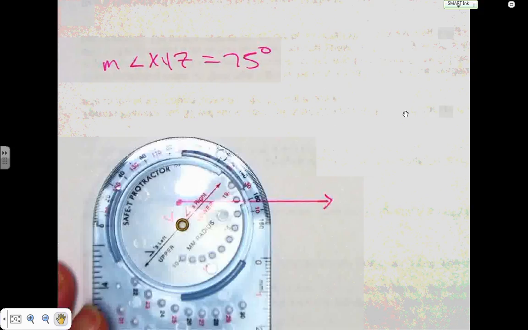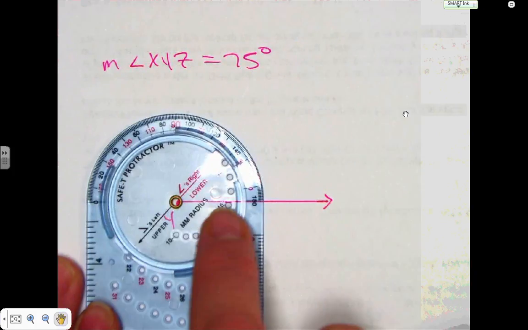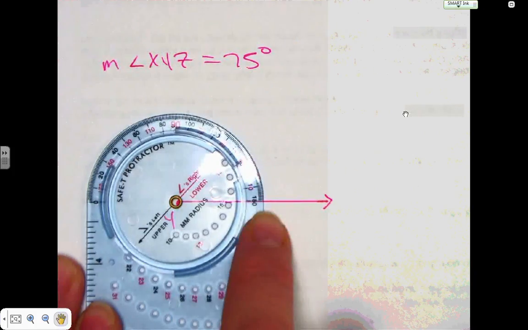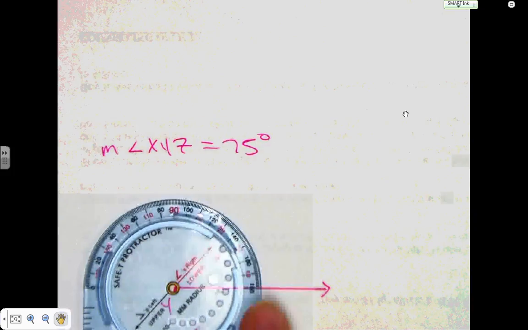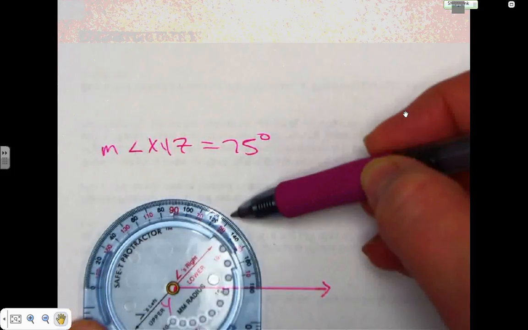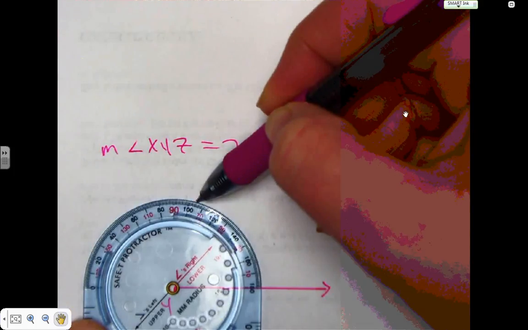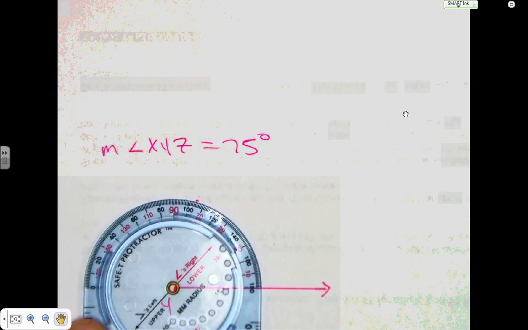So again, I put my gold circle at the end point, and I line up my bottom ray along the 0 and 180. Then I start counting 10, 20, 30, 40, 50, 60, 75. Looks to be about right there.